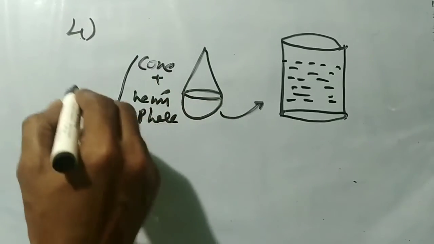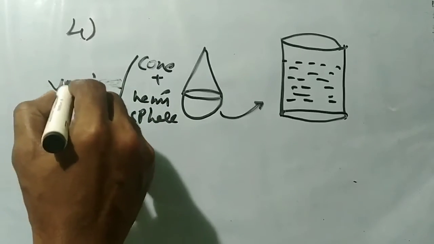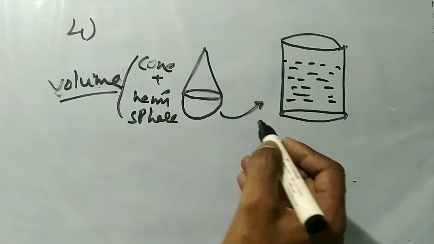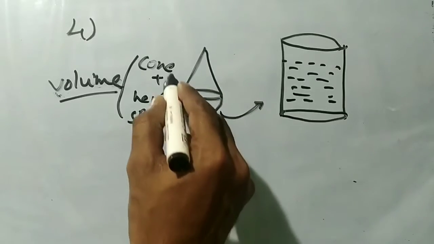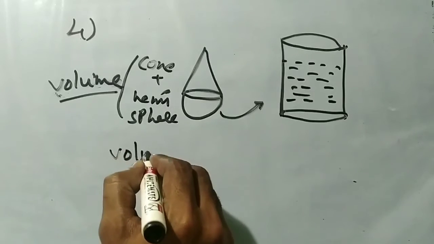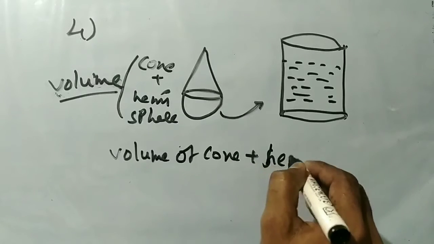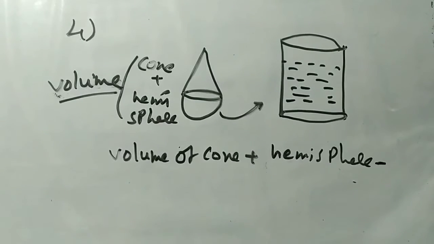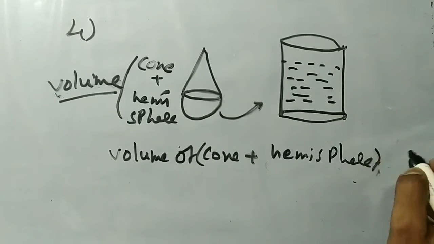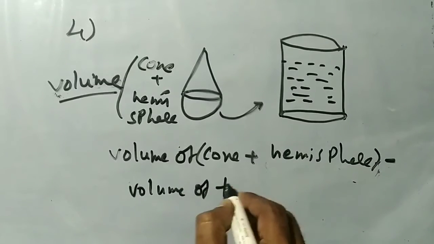We got these two volumes, and we have to subtract them from the volume of the cylinder, that is the tub. So: volume of tub or cylinder minus volume of cone plus hemisphere.